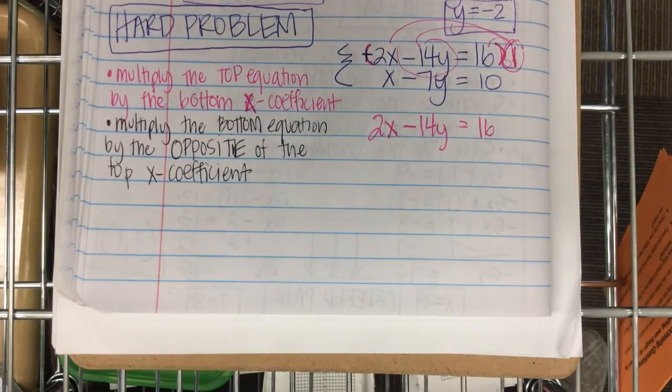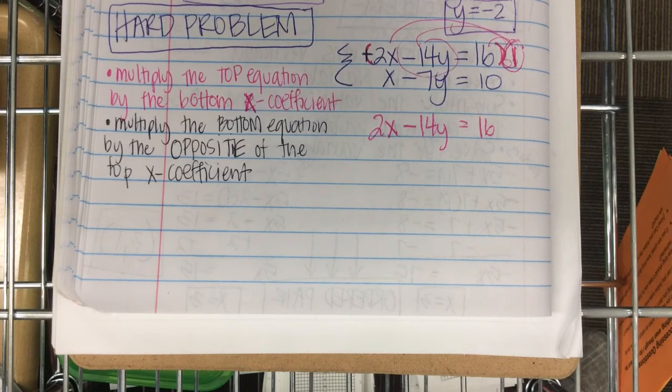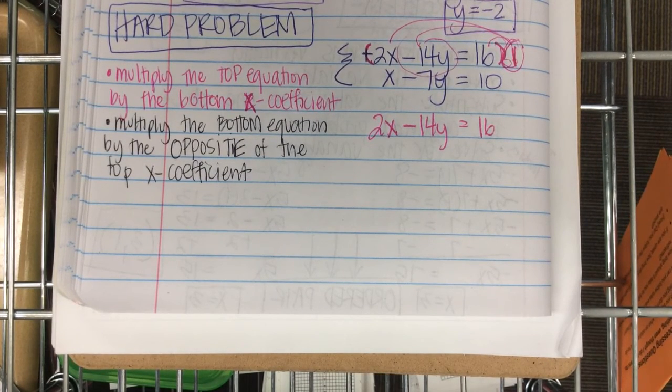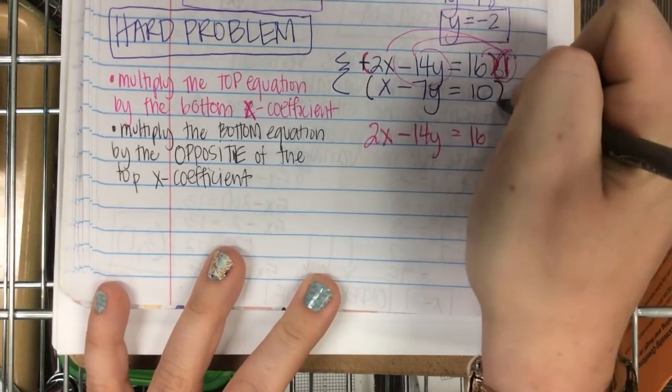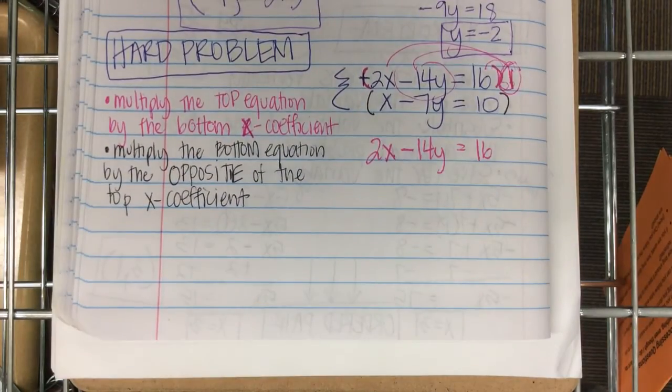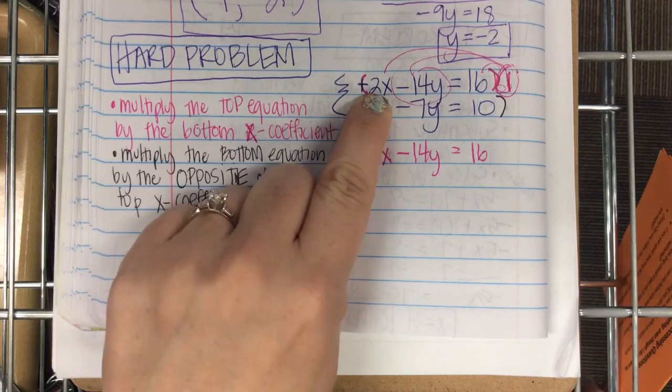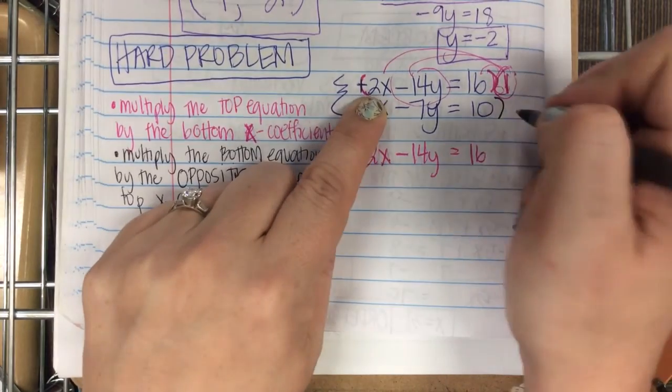So if I multiply the top by the bottom x coefficient, and the bottom gets multiplied by the opposite of the top, something's going to cancel out. So that means the bottom equation gets multiplied by, instead of 2, negative 2.